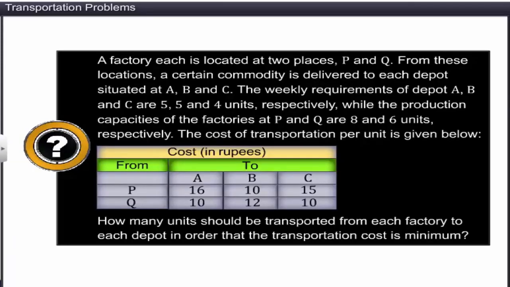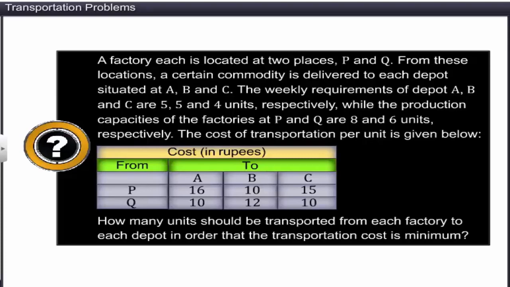A factory is located at two places, P and Q each. From these locations, a certain commodity is delivered to each depot situated at A, B and C. The weekly requirements of depots A, B and C are 5, 5 and 4 units, respectively, while the production capacities of the factories at P and Q are 8 and 6 units, respectively.